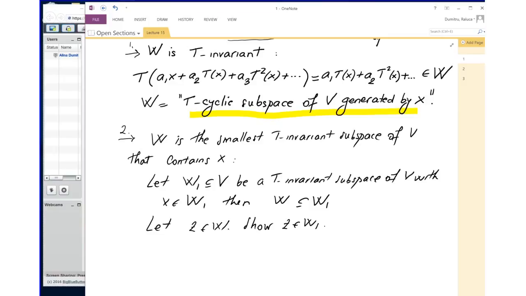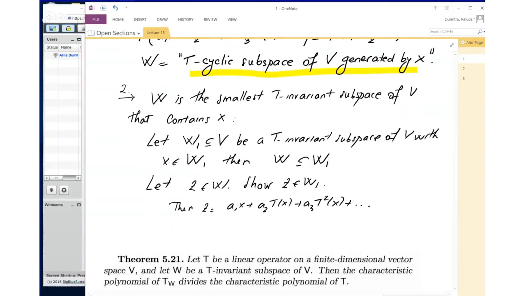Well, it looks like a linear combination of all those things, or some of those things. Doesn't matter how many of them.